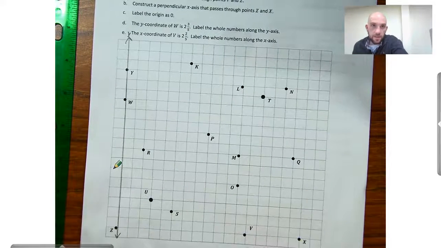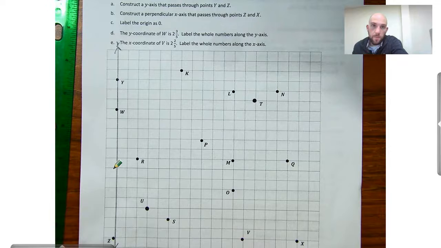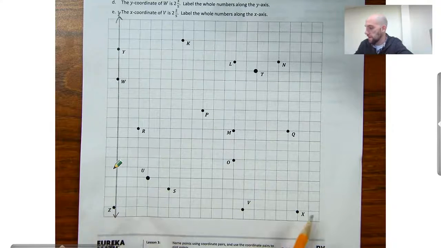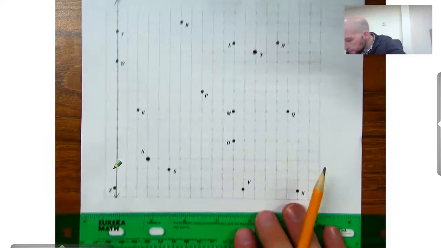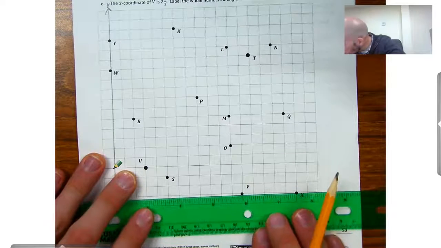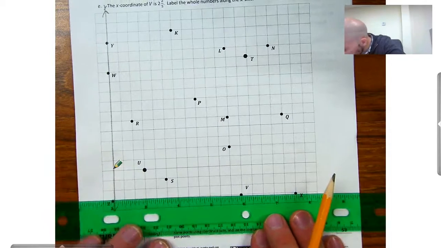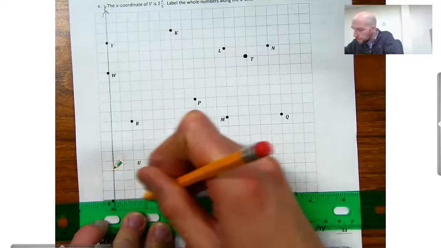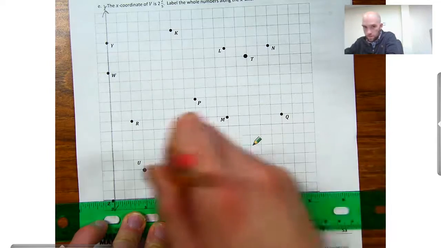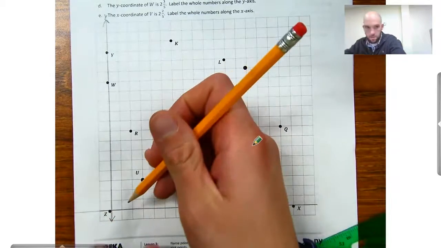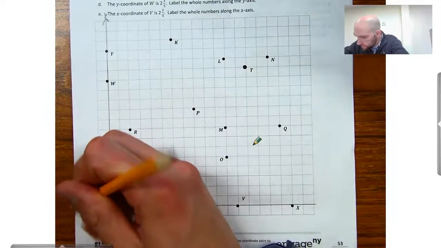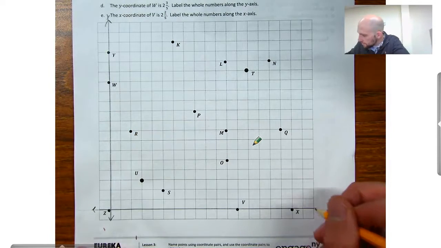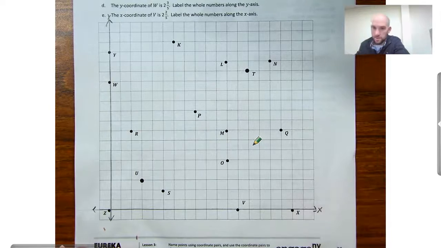Next, it says that we need to construct a perpendicular x-axis that passes through Z and X. So I have Z here and I have X out here, and I'm going to make a line that passes through both of those. All right. Now for my arrows here. And this is our x-axis.